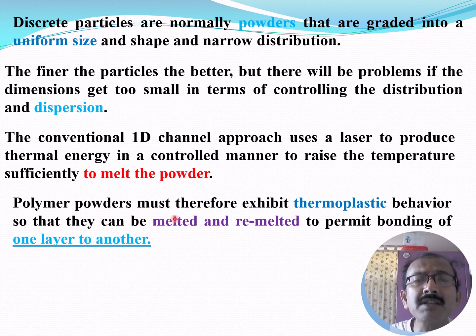Polymer powder must therefore exhibit thermoplastic behavior so that it can be melted and remelted. That means thermoplastic materials have the characteristic that they can be melted and also remelted to permit bonding of one layer to another. So first one layer, after that another layer, with the capability for bonding with the previous layer.